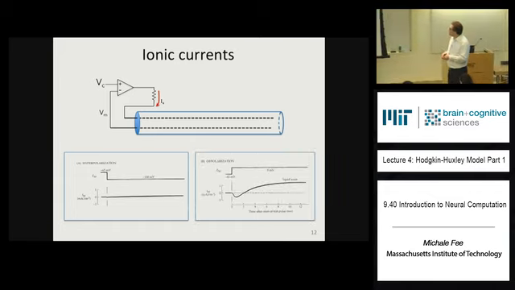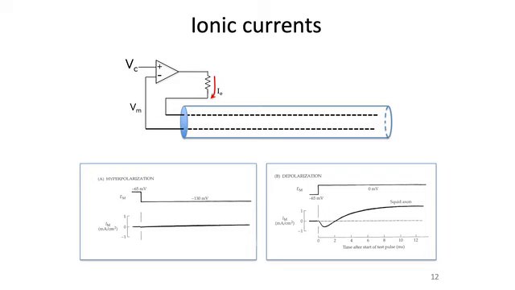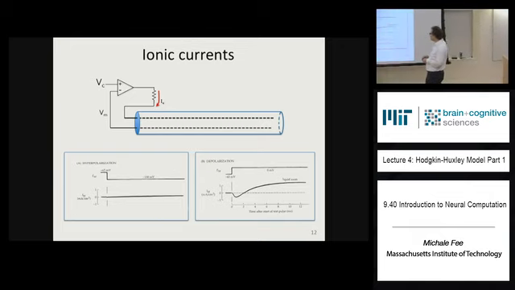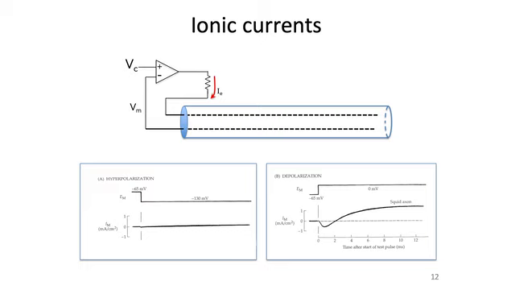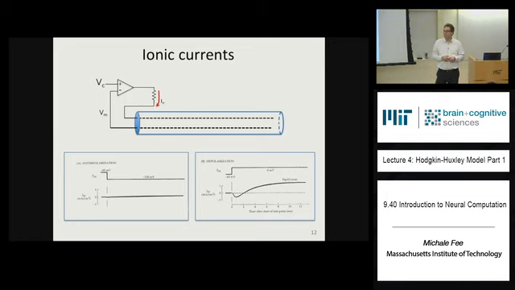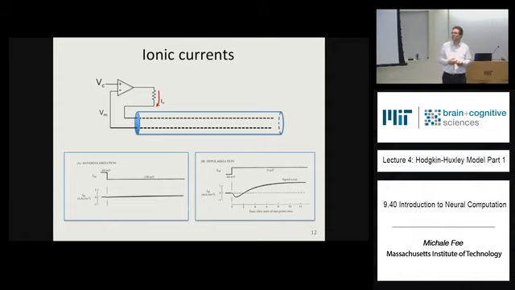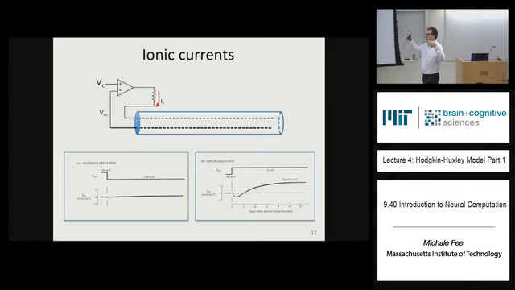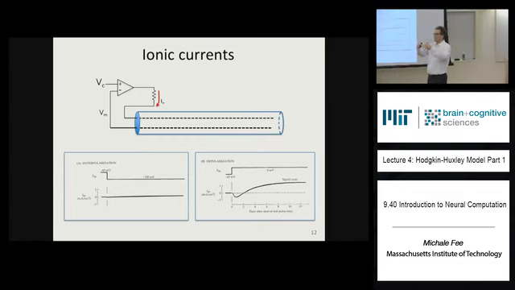All right, let's do another experiment. Now we're going to start our cell at minus 65 and suddenly jump the voltage up to 0. So we're going to depolarize our cell. And now something happens. You get a big pulse of current that's negative. What does negative mean? Anybody remember what negative current means by our definition? Negative means that there are positive ions going into the cell.